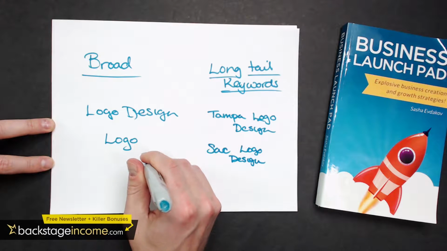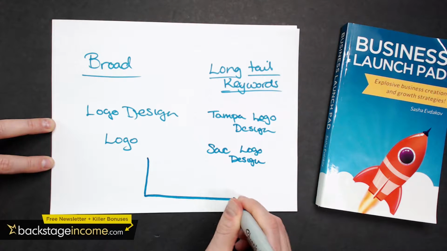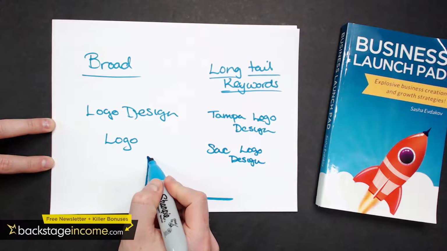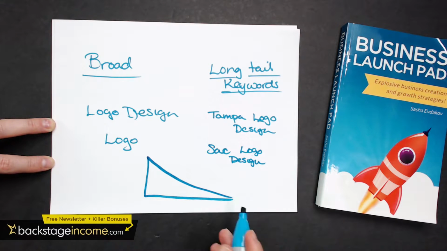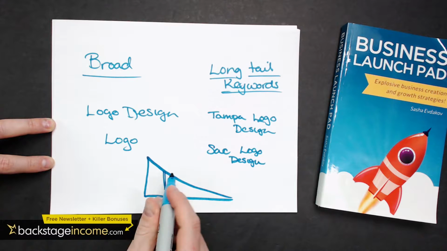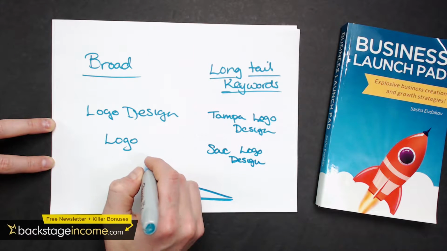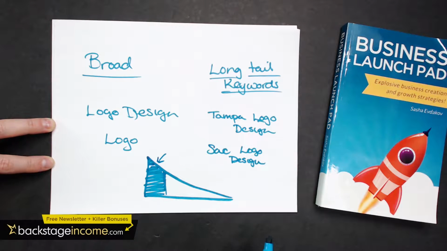So the way that this really works out is if you take a graph and start looking at things, the majority of people are actually looking to target the main keywords, logo design or web design. Those are kind of the main things.